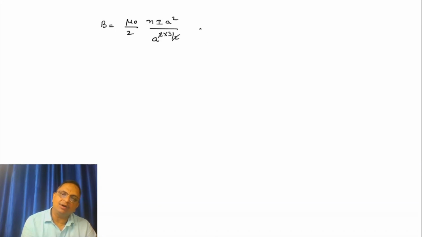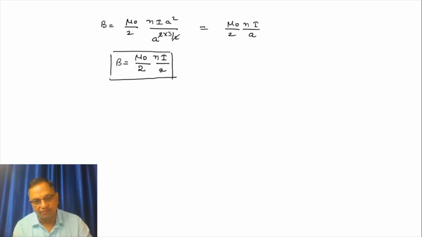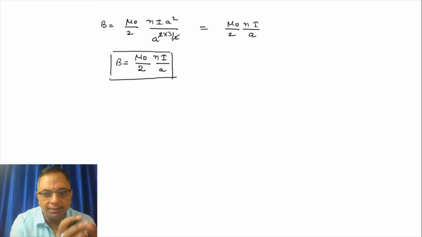This cancels out, and you have mu 0 over 2 n I over a. This is the formula of the coil we have calculated already. The same thing we get here. It means if you want to calculate at the center, you will get this; if you want to calculate on the axis, you will get that formula. By using the Biot-Savart law, we can calculate this also.